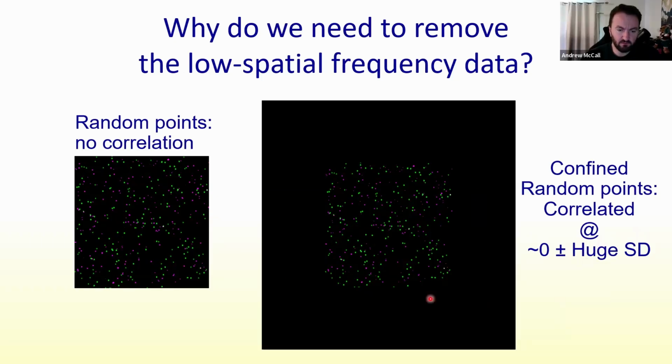Because we have these confined to a region, they are correlated around zero with this massive standard deviation simply by being confined. And this is analogous to what you have in the cell. Your proteins are confined to the cytoplasm or to the nucleus, whatever container they're going to be in. And you have to basically remove that spatial correlation contribution from your data.